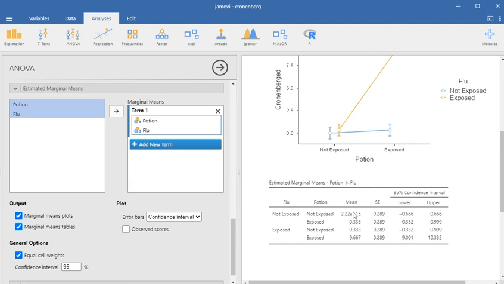You can see the mean is effectively 0 for those not exposed to flu and not exposed to the potion. A little bit of Cronenberging happens when people are exposed to the potion. A little bit seems to happen when people are exposed to the flu only.